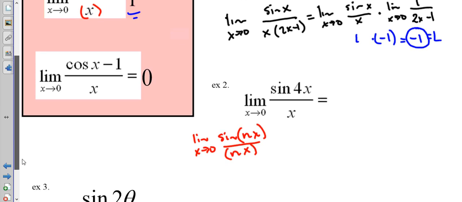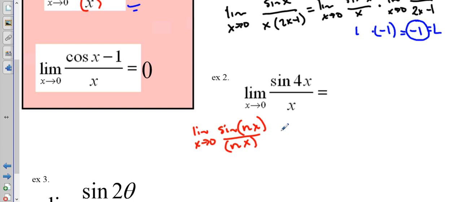What we can do is find this limit by using what we call u substitution. If I say u equals nx, where would this go as x goes to 0?